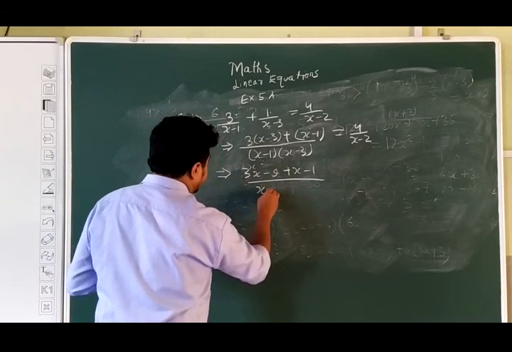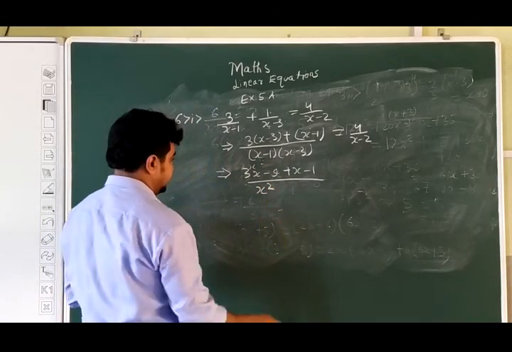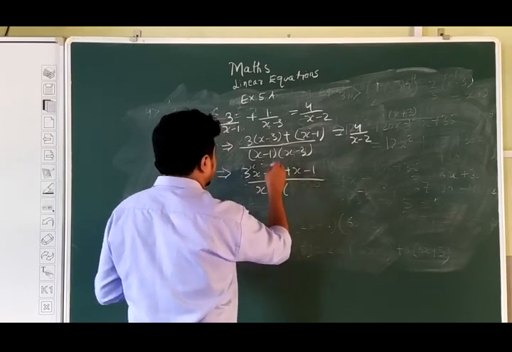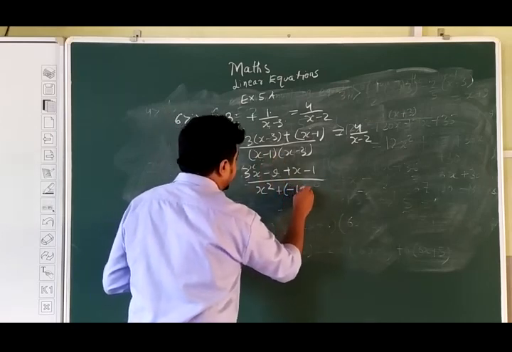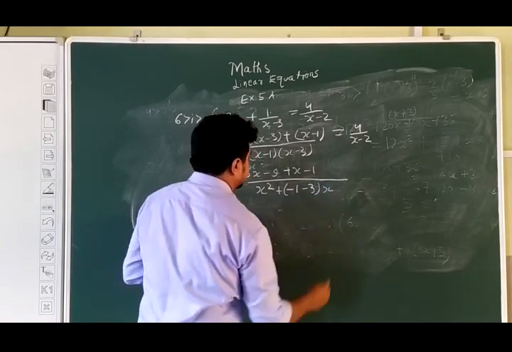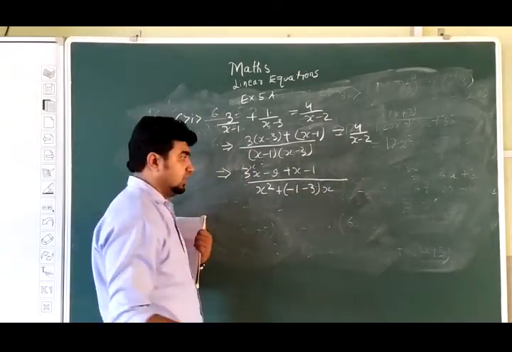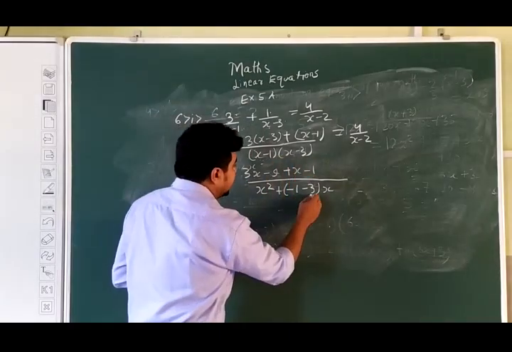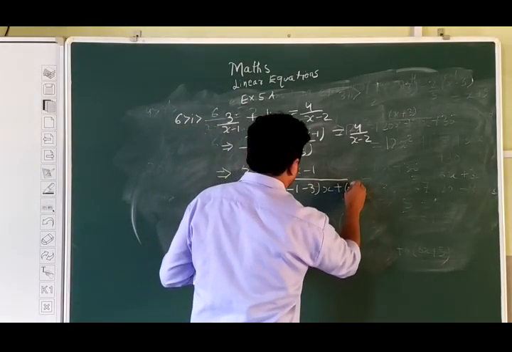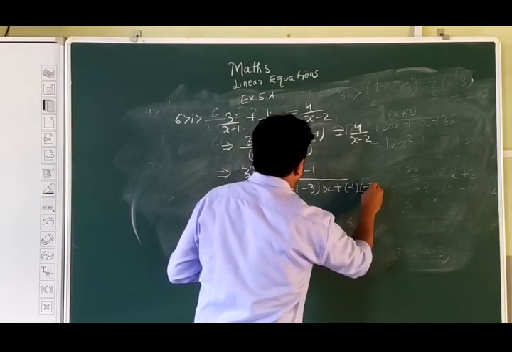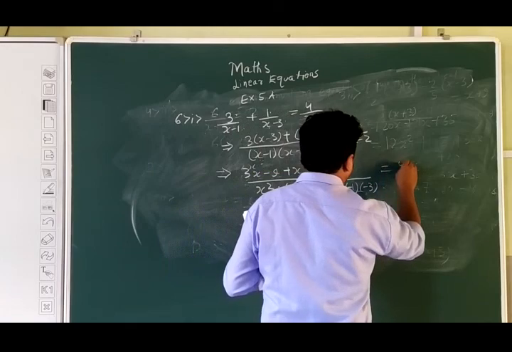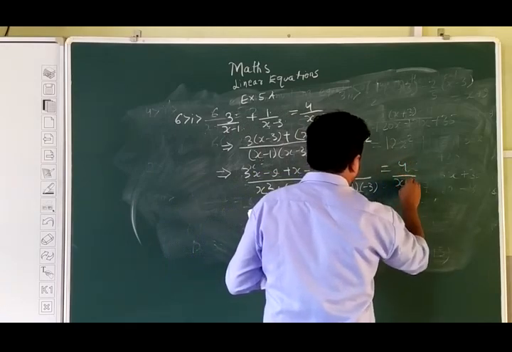This we can write as x square, then minus (a plus b) x. I am writing a plus b: a value is minus 1 and b value is minus 3, plus the product of minus 1 into minus 3. And here we will get 4 by x minus 2.